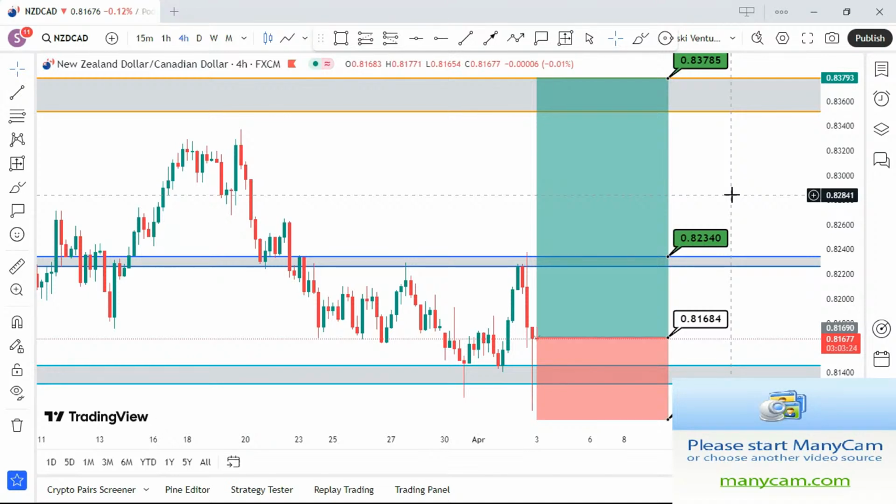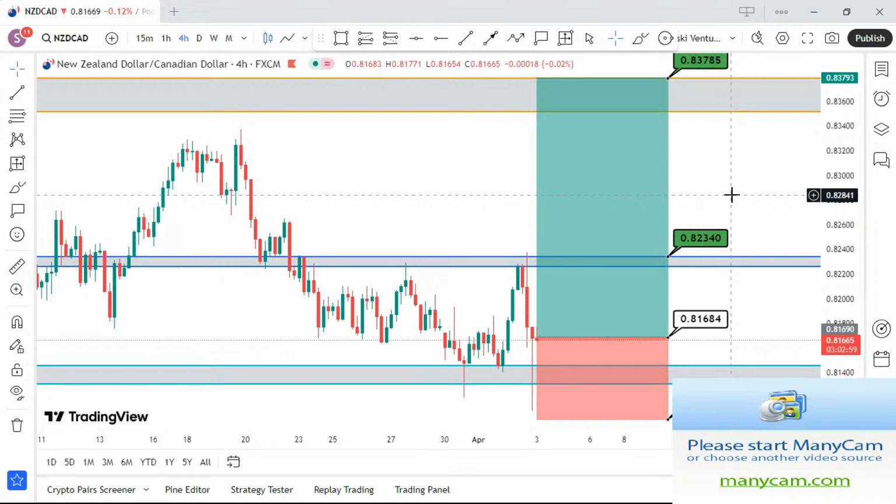Yeah, so this is it on NZD CAD, and we've been here almost an hour. I don't want to waste anyone's time. It's almost 2 a.m. Ghana time, so those here should go and get some sleep.